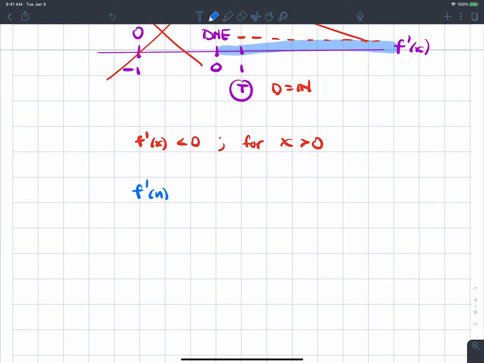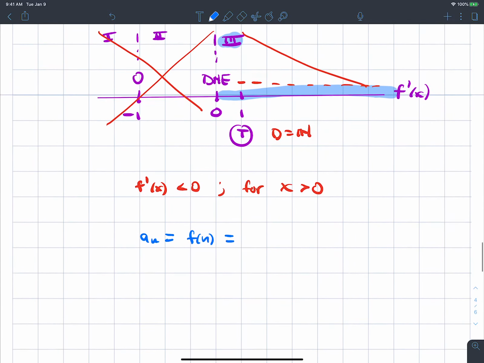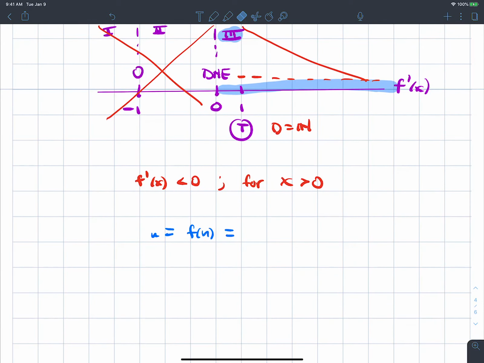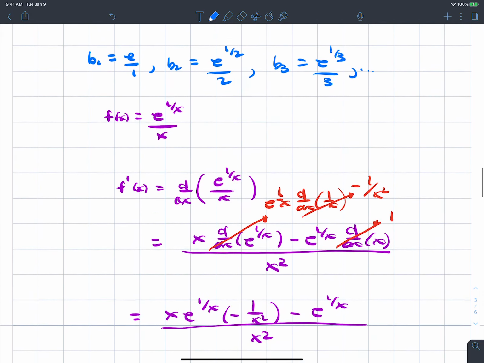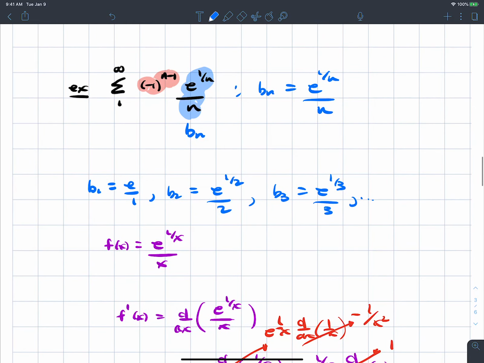So f prime n, or I should say, let's go back and say that the sequence an, which is fn, or in fact, I think this might be the bn, right? Yeah. bn, which is our sequence, and you say, where is it? Way up here. This is decreasing.